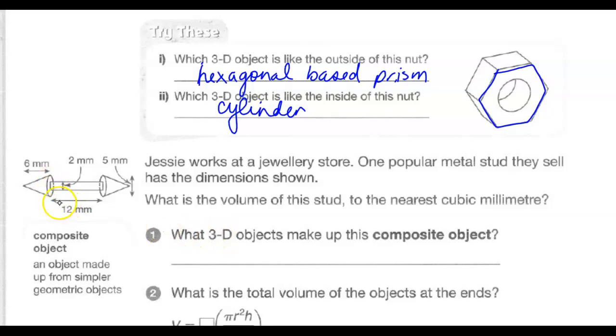So take a look here. These two ends are cones. So two cones and one cylinder. Looks like a rectangle there, but think about it, it's not going to be a rectangle. It'll be round, so that will be a cylinder.